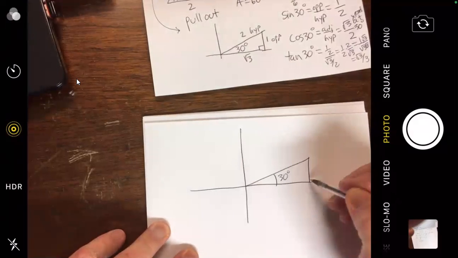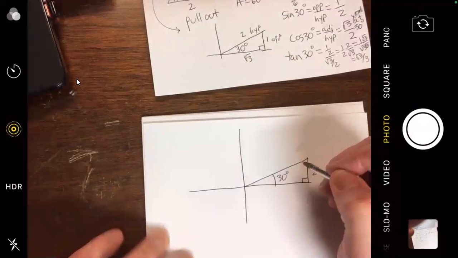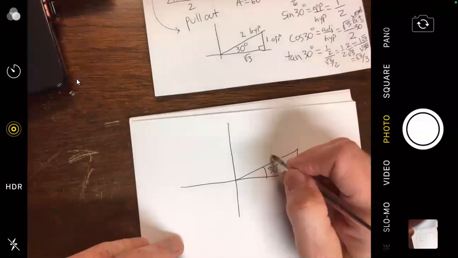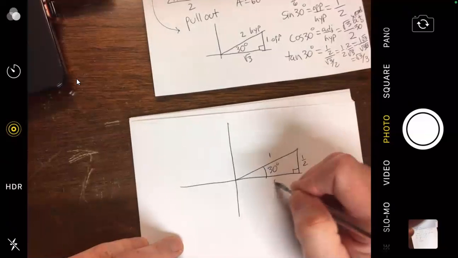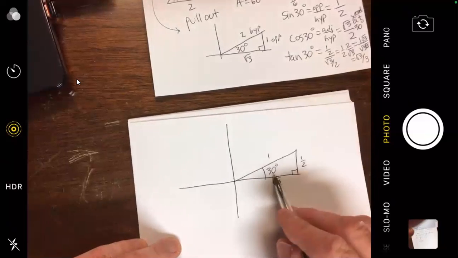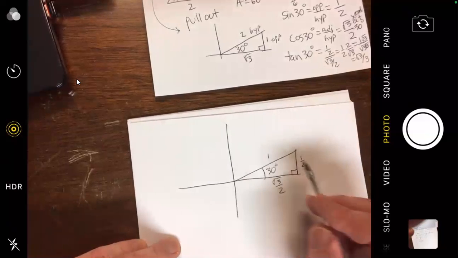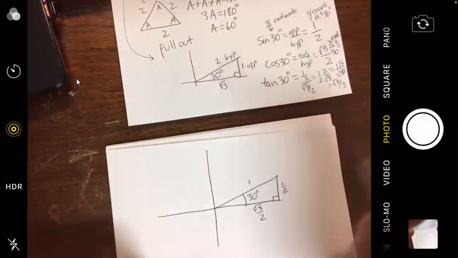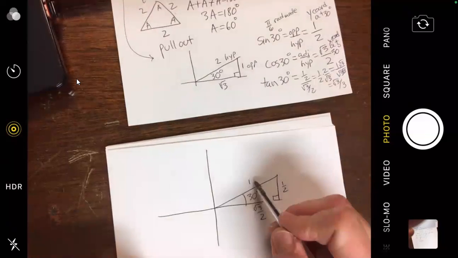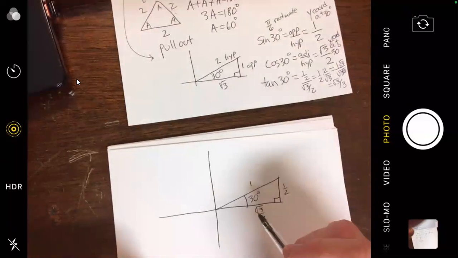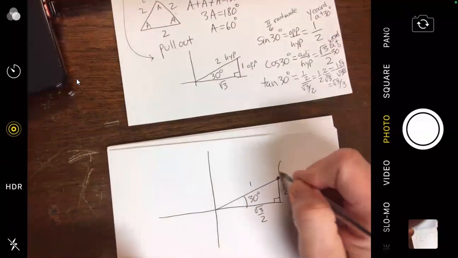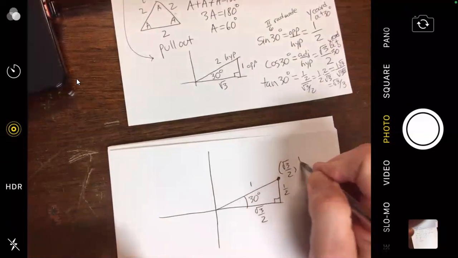The y coordinate is a half. We can make the unit circle hypotenuse 1 and make this root 3 over 2. So sine of 30 degrees is 1/2 over 1, which is 1/2. Cosine of 30 degrees is root 3 over 2 over 1, which is root 3 over 2. Making this coordinate root 3 over 2, 1/2.